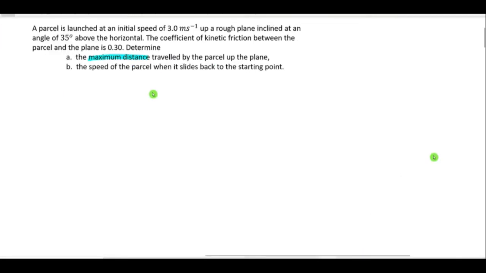Determine the speed of the parcel when it slides back to the starting point. Okay, so bila soalan kata slide back to the starting point, so kalau kita sketch kita punya diagram, dia akan jadi macam mana? Okay, so kita sketch dulu kita punya inclined plane, macam ni lah lebih kurang. Here is the starting point, where u is equal to 0 meter per second.